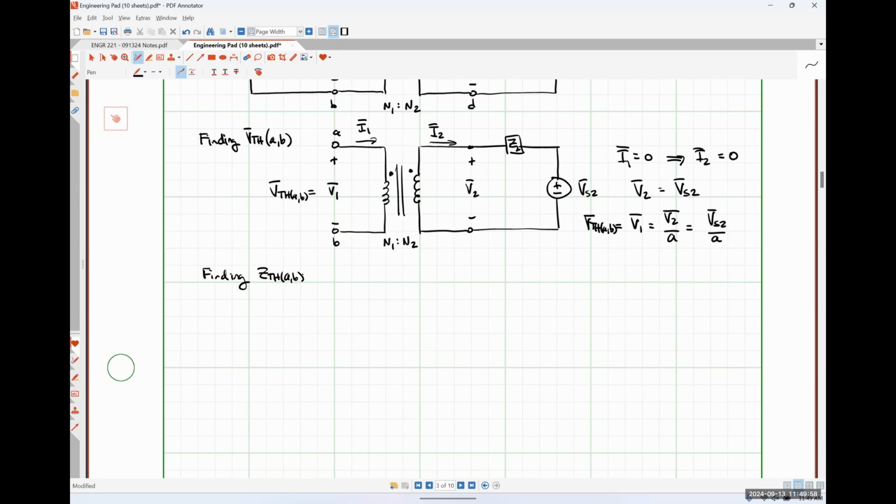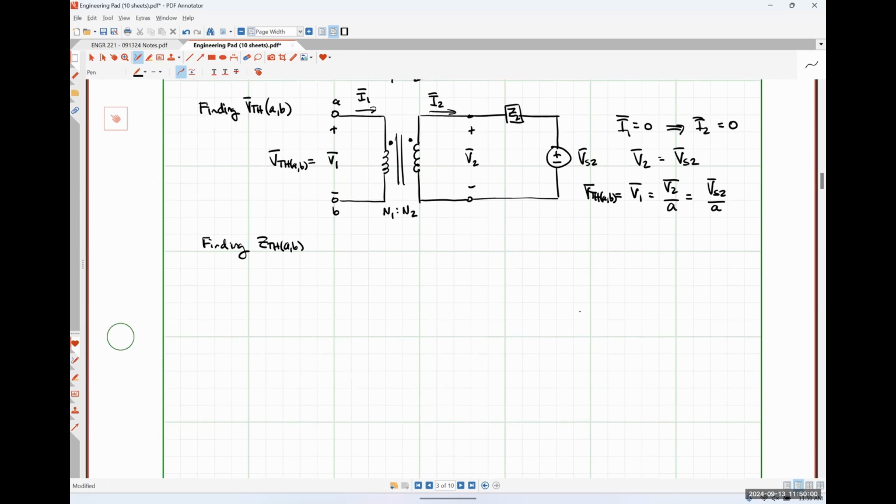All right. So we are going to have this thing right here. This is still going to be defined as our voltage V1. This is still our current I1 for what it's worth.